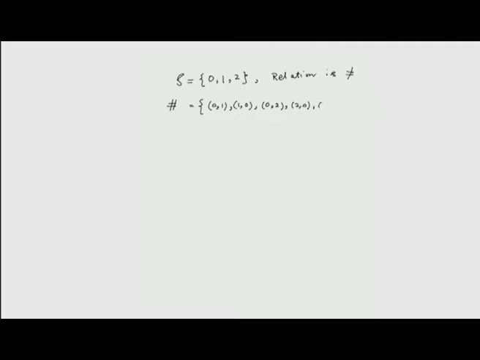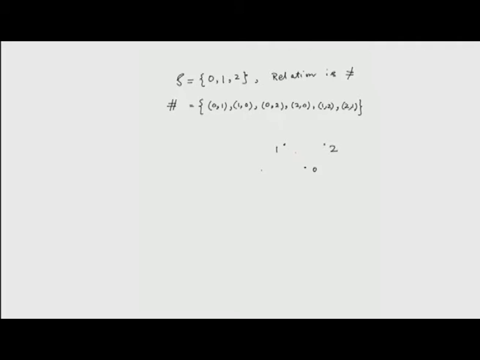Then 1 is related to 2 and 2 is related to 1. Then we have got 3 points on the set. So, we write the 3 points, suppose like this is 0, this is 1, this is 2.